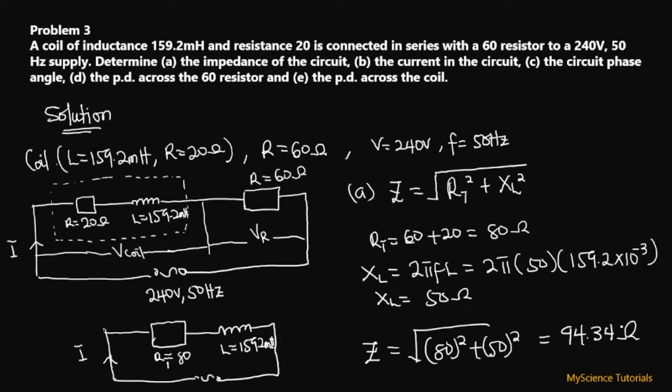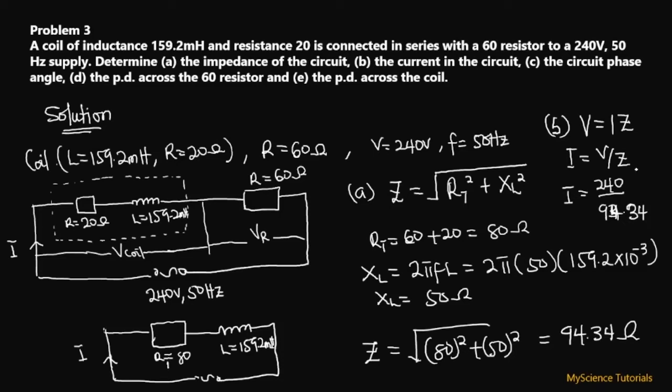So now that we have the impedance, let's go ahead and find the current. Part B is saying we should find the current. We know voltage is equal to IZ, and so our current is equal to voltage over impedance. We know our voltage is 240, and our impedance we just found to be 94.34.